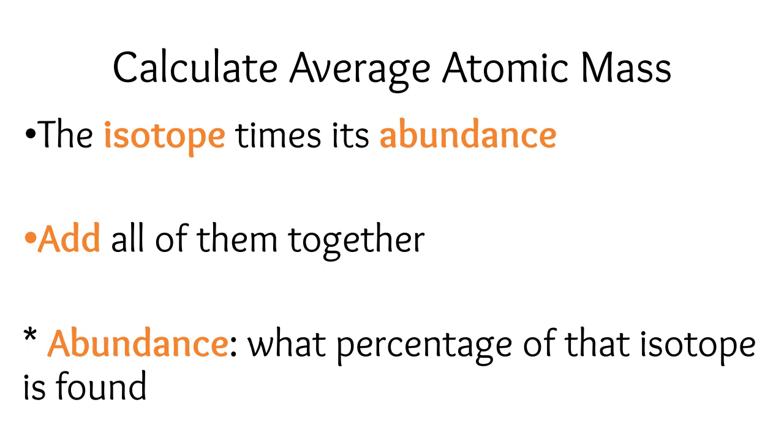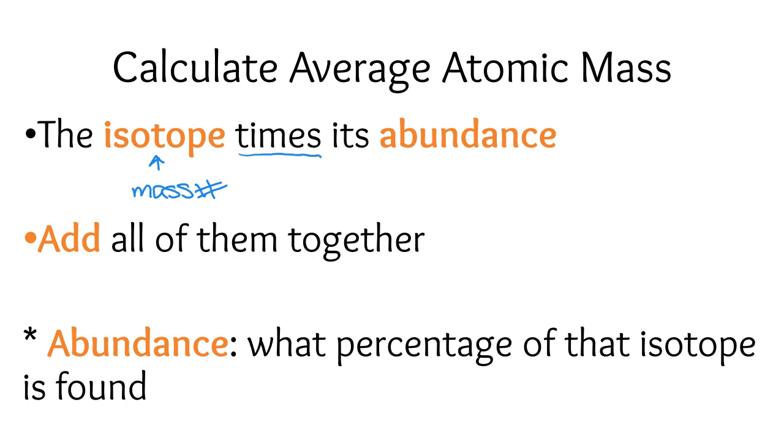For us to calculate average atomic mass, there are 2 numbers that we need to know. We need to know the isotope and we need to know its abundance. For the isotope, what we mean is that we need to know its mass number. And abundance is the percentage out of 100 that that isotope is present. So we're going to multiply those, and that's what we mean by times.